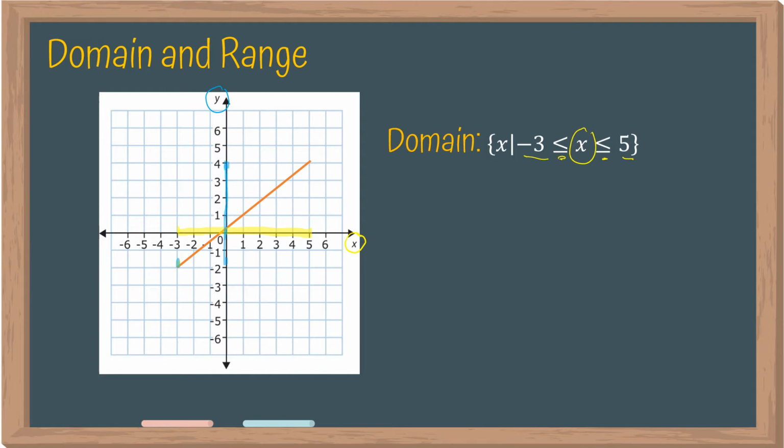Okay? So that will be the domain, rather the range. Our range will be written this way: y such that y is greater than or equal to negative 2 but less than or equal to positive 4.